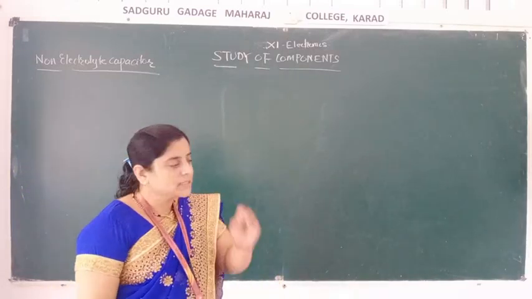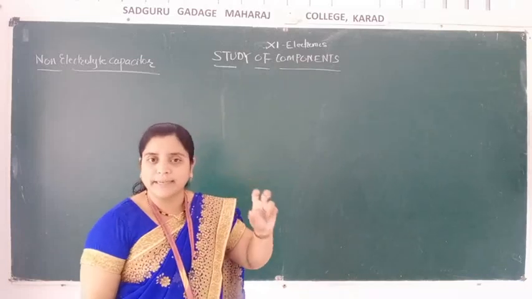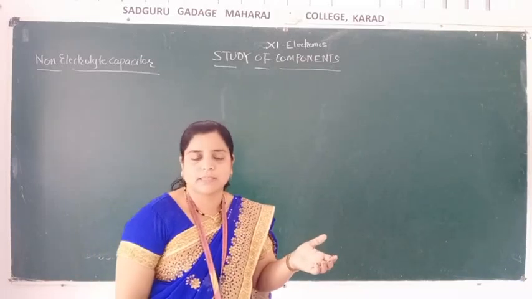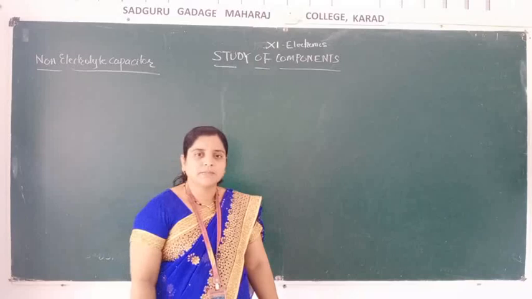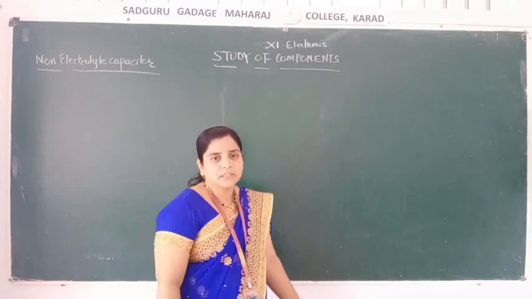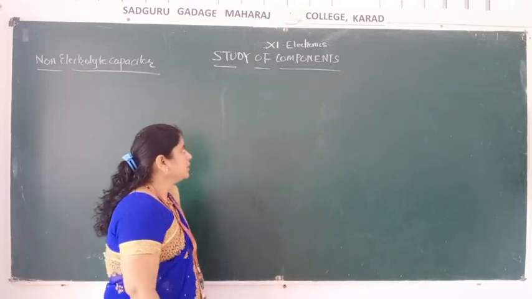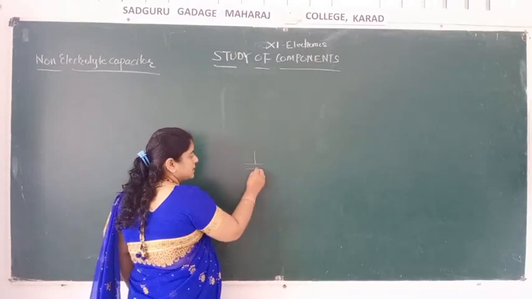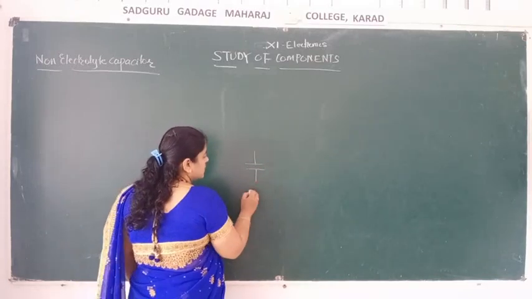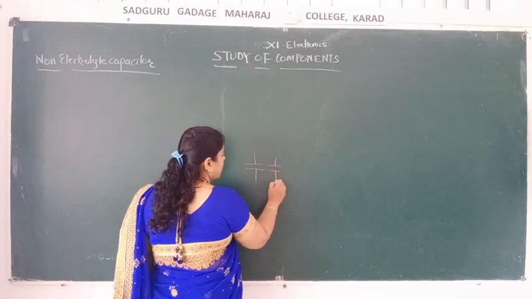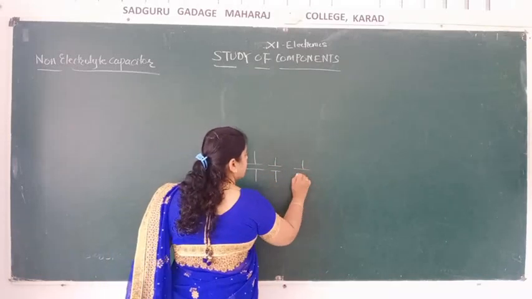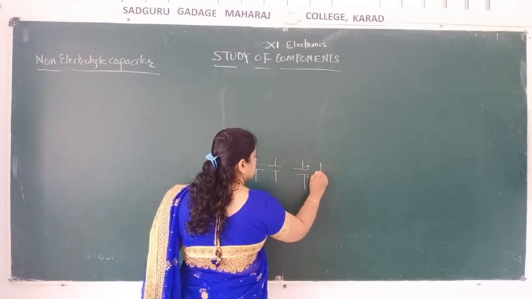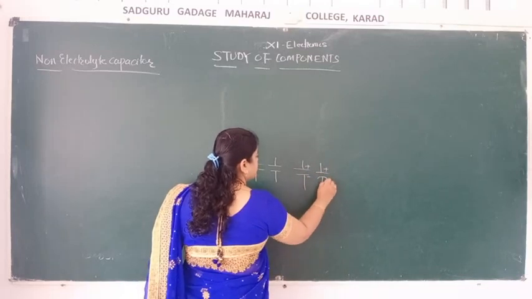A polar capacitor means the capacitor which has polarity. And a non-polar capacitor means what? It doesn't have polarity. Polarity means what? I have told you that this is the symbol of capacitor, isn't it? This one does not have polarity, and this one has polarity, see plus and minus.